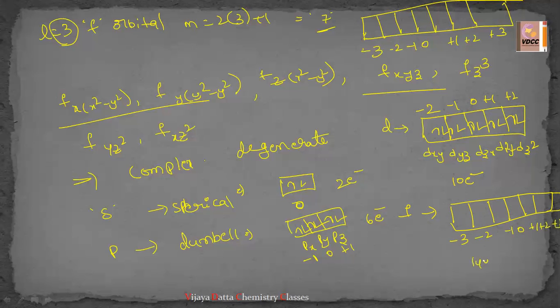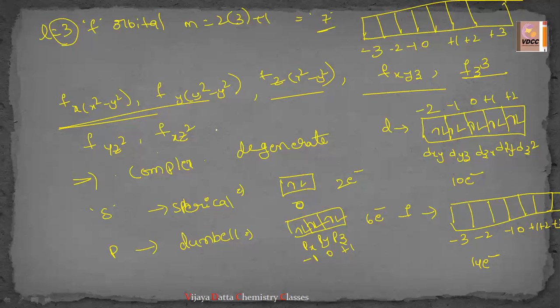So the total number of electrons is 14, and its degenerate orbitals are fx into x square y square, fy into x square y square, fz into x square y square, fxyz, fz cube, fyz square, fxz square. So these are the degenerate orbitals. This is the information we know about the magnetic quantum number.